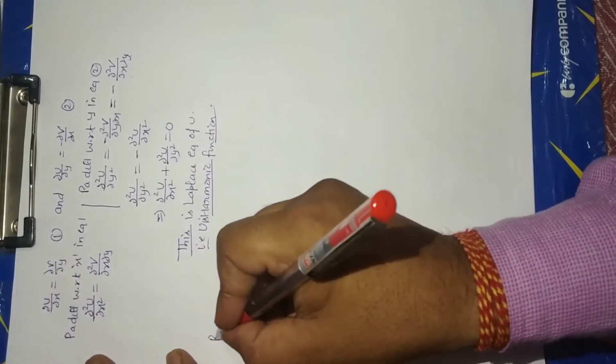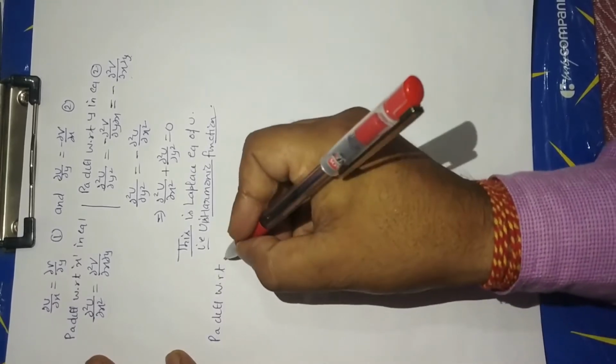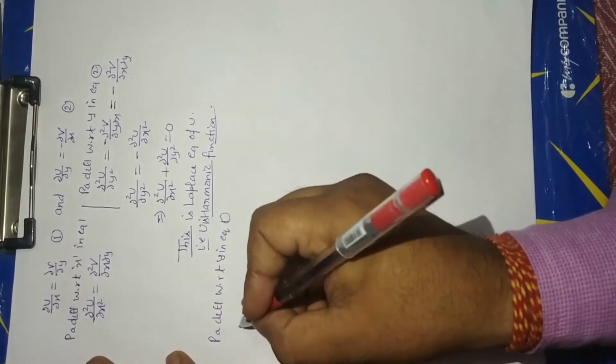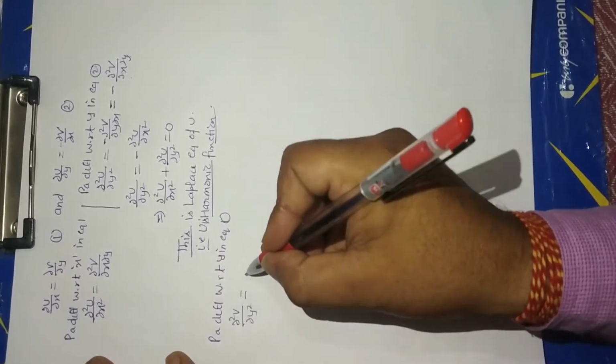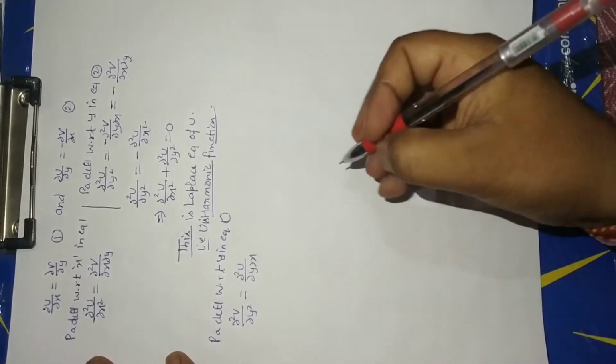For this, partial differentiation with respect to y in equation number 1: del 2v upon del y2 equal to del 2u upon del y del x.